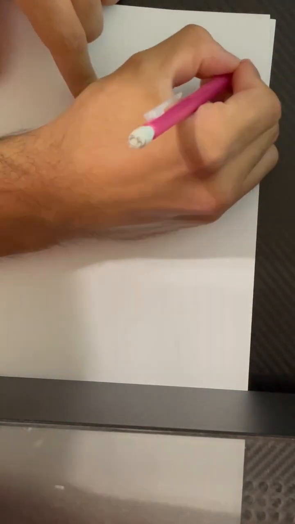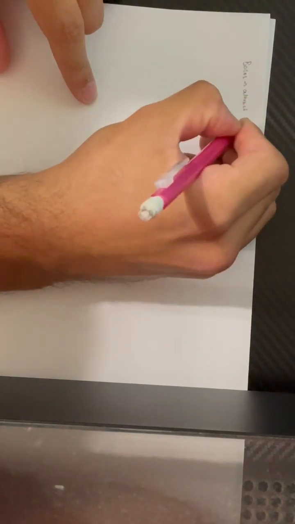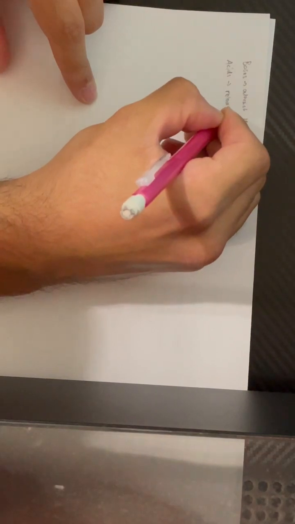Now we go to bases and acids. So the key for these is you just have to think back to what bases and acids do. Bases will attract hydrogens, acids will release them, okay? So for example, I'll just do basic.